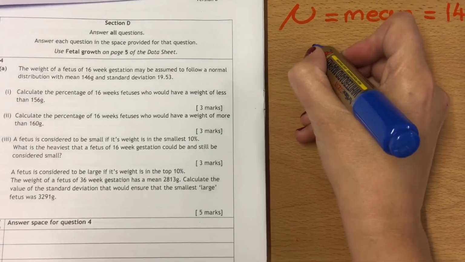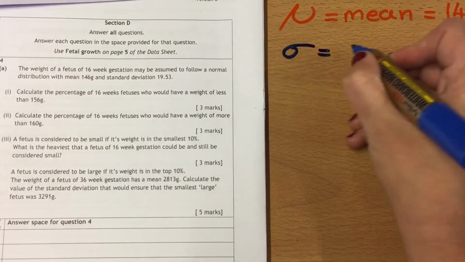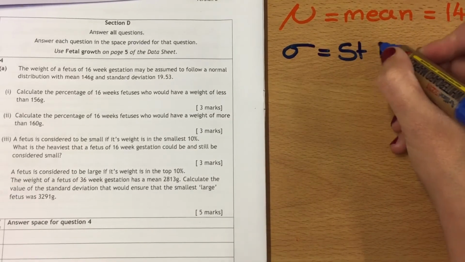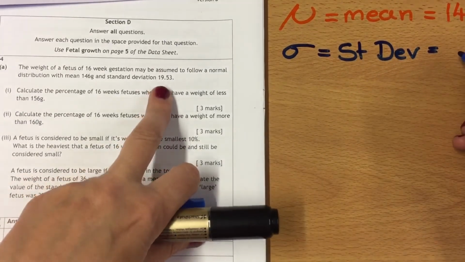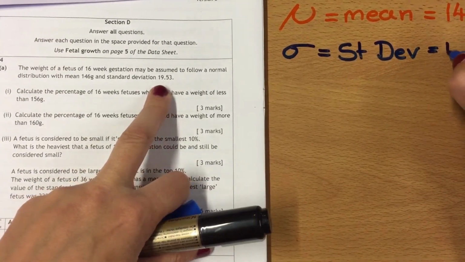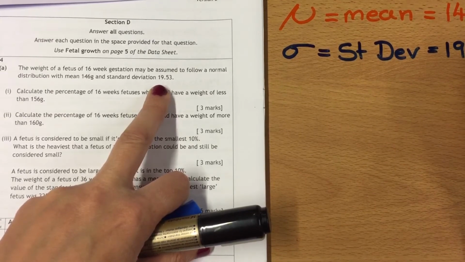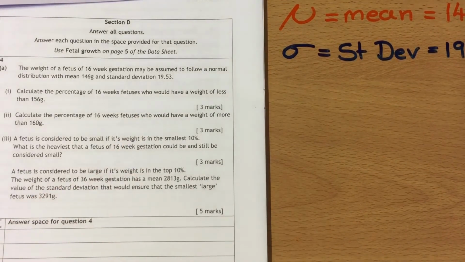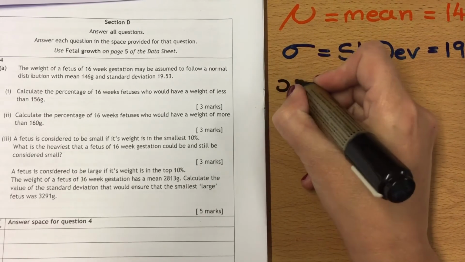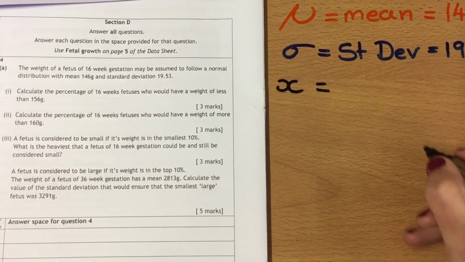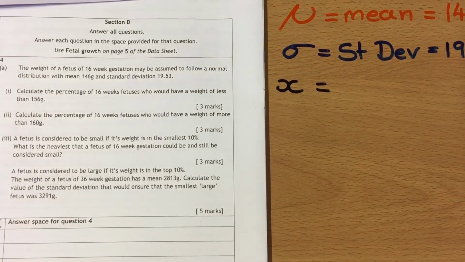And then we're going to need to know our standard deviation, and our standard deviation is 19.53. The next thing we are going to need to know is our x, and our x is our value in context.